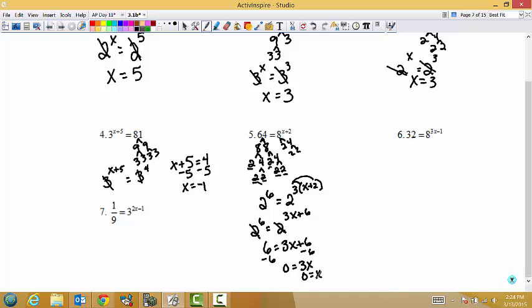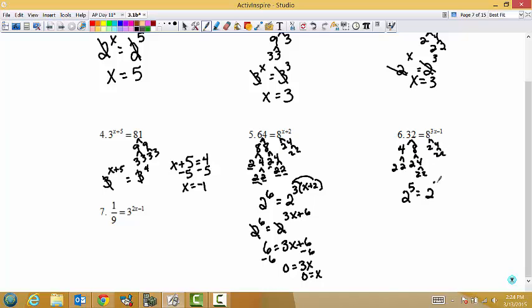Now for number 6, I'm going to do the same way I did the second one, because 32 won't break down to 8 times anything, so I'm going to have to break them both down anyway. 32 is 4 times 8, and then that's 2 and 2, 2 and 4, 2 and 2. So that's 1, 2, 3, 4, 5 twos. And then 8 is 2 and 4, 2 and 2.